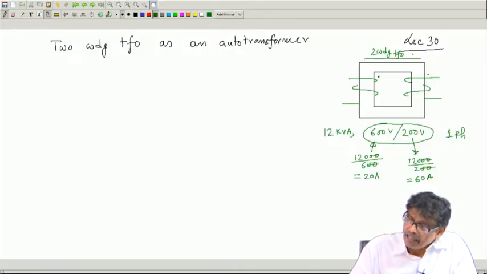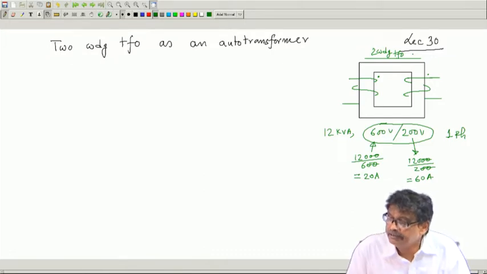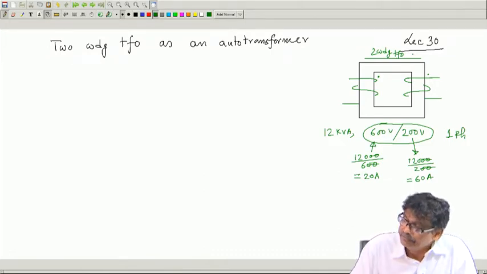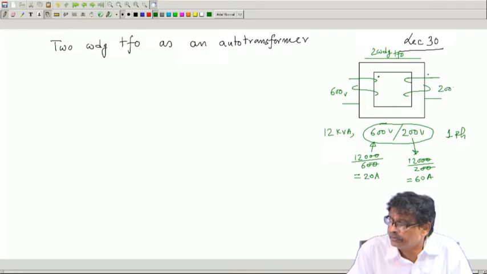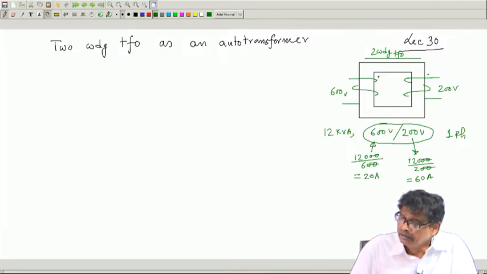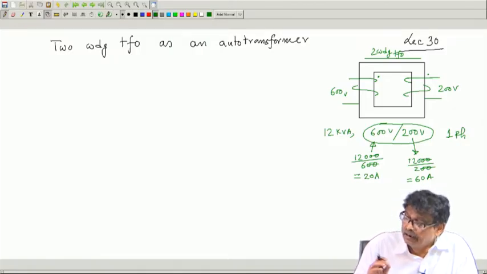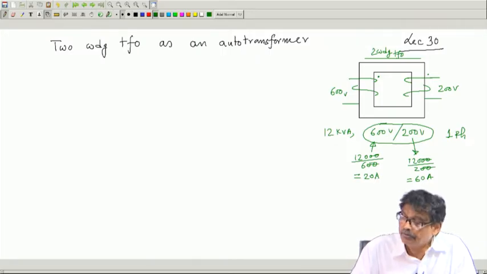Okay. Now, after having this, if you apply 600 volt, you will get here 200 volt roughly. Now, somebody comes and tells that in the lab 600 volt supply is available, but you have a peculiar load which requires 800 volt.